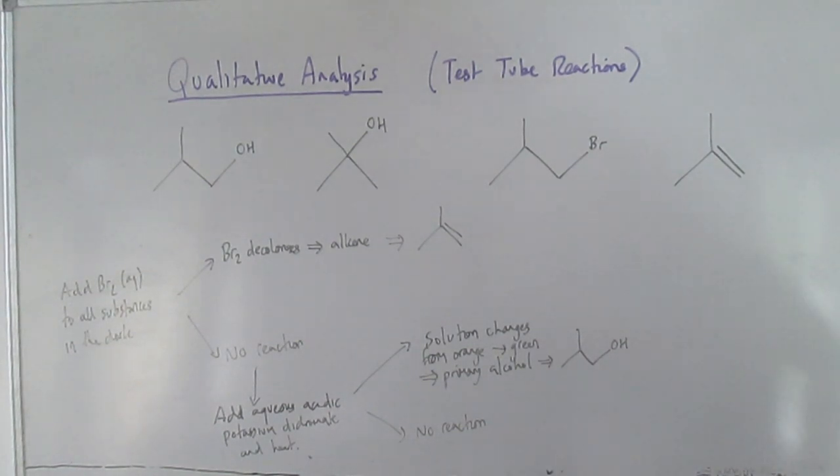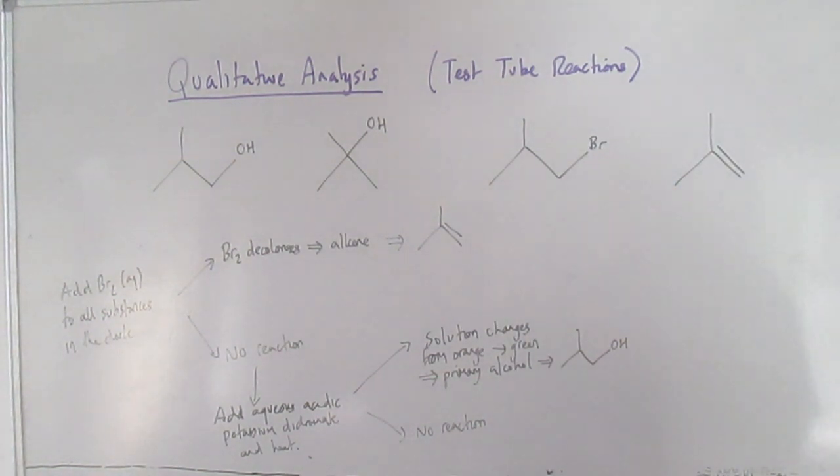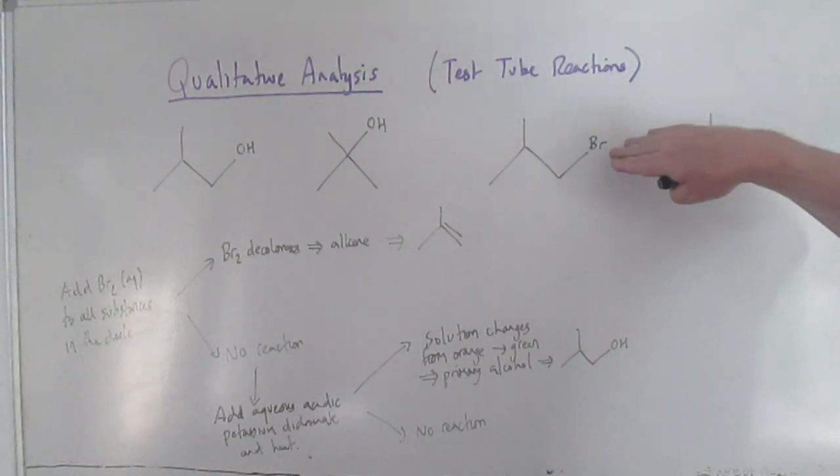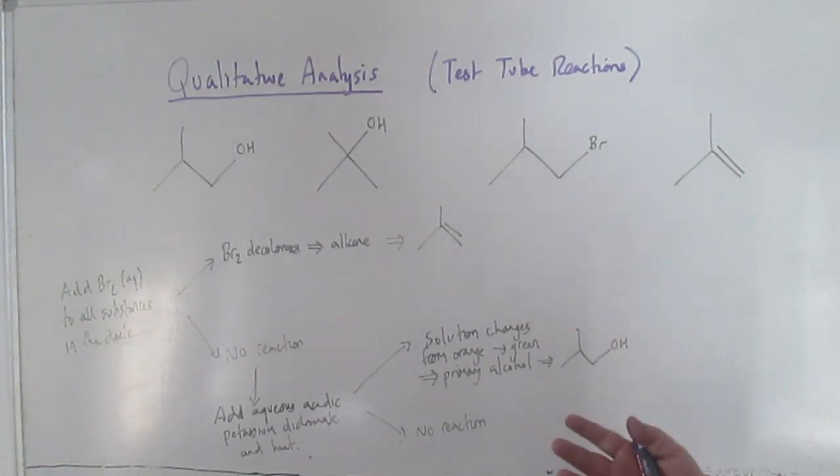So what can we do? Well, you don't actually know any reactions of tertiary alcohols yet, at least we haven't come across them in the course, but you do know a reaction of the haloalkane, because remember that if you heat it up with aqueous silver nitrate, you get a substitution reaction where the bromine is replaced with OH and you get Br- ions released into the solution.